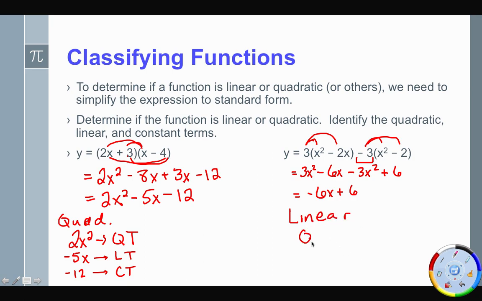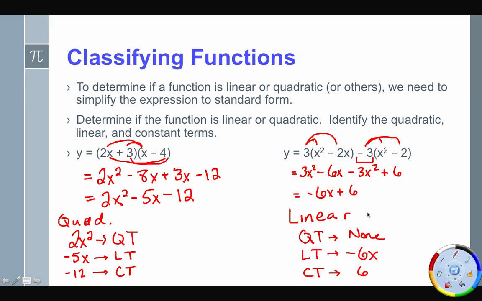So if I was to look for the quadratic term, we could say 0, but we could also say there is none. The linear term is going to be the piece with just the x, so it's a minus 6x. And the constant term is a positive 6. So that's how we classify our functions. Right now, I don't think we'll have anything bigger than linear or quadratic. We shouldn't because we haven't learned them yet.